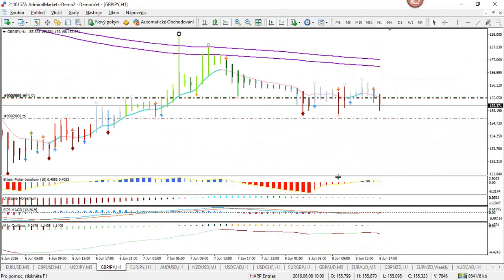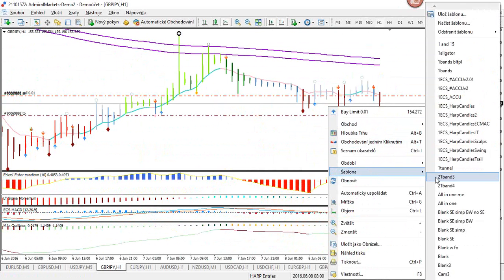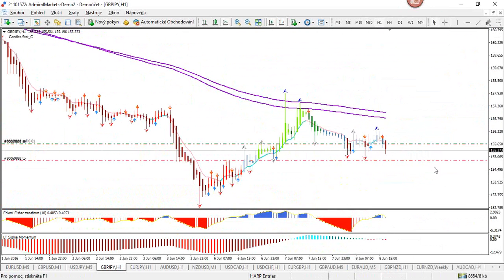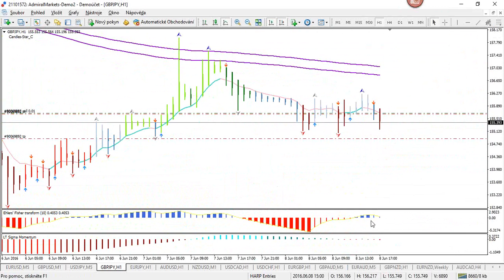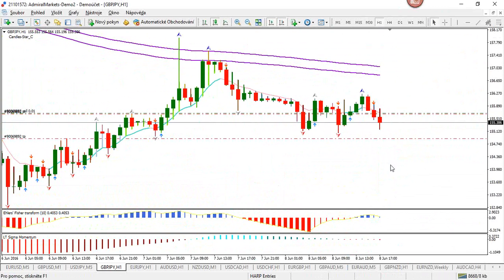Hourly actually here lost the momentum, right, with the arrow here. So you got a good couple of candles here already.